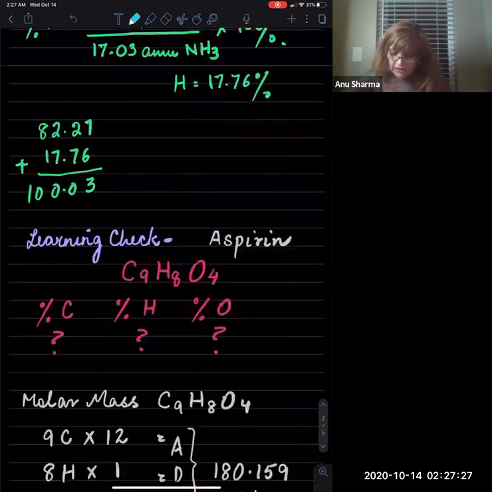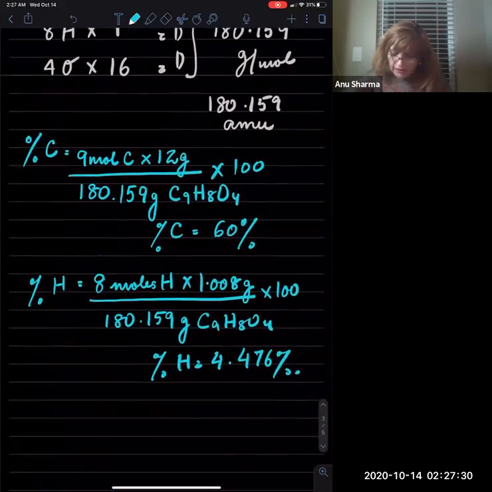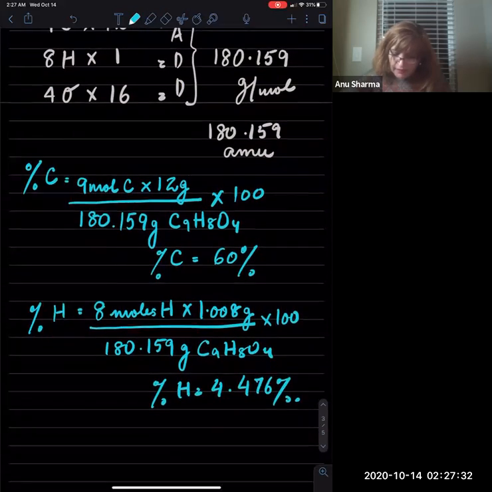Now, like we talked about, we are going to look at the significant figure rules here.